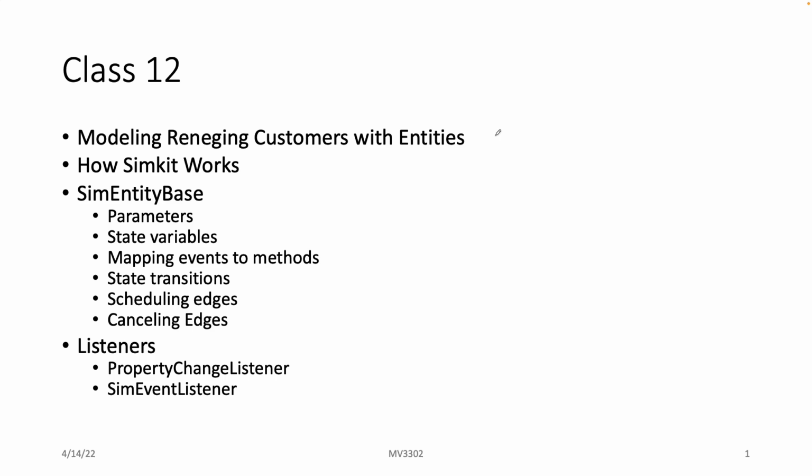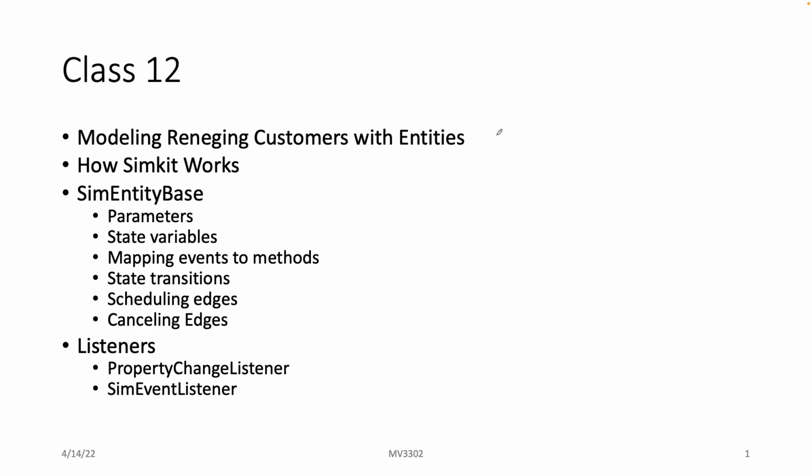One of the reasons I like this is that in some of the commercial packages, they have a different way of modeling this kind of thing, and they have a real hard time modeling reneges typically. Whereas here, I hope you can see that it's fairly easy, fairly straightforward.